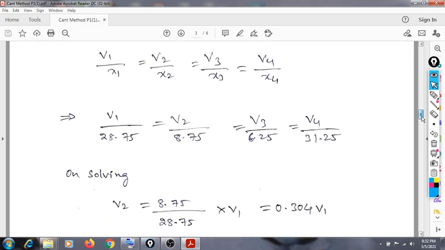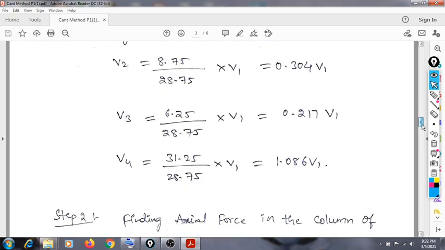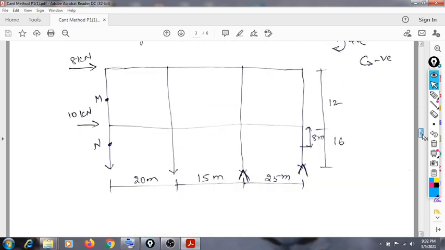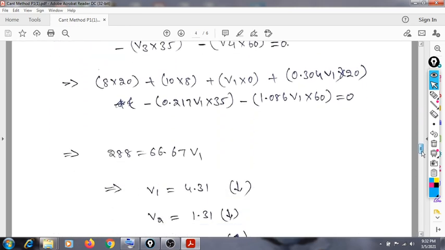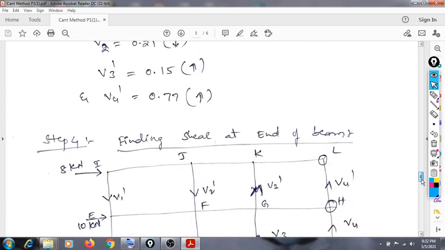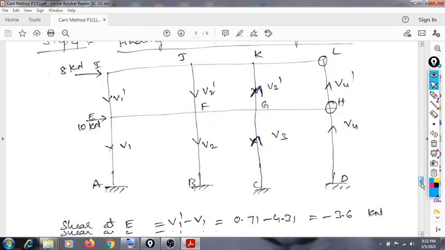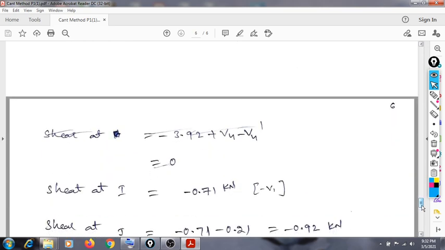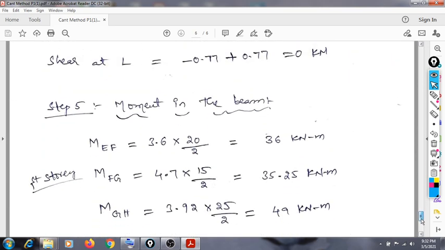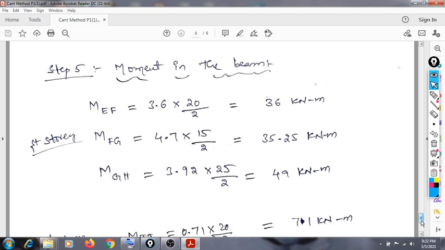Next, make all of them in terms of V1 and find the axial force in the columns of story 1. In the same manner find the axial force in the columns of story 2. In the same manner next find the shear, and again the shear in the next column, in the next story, and at last find the moment in each beam.